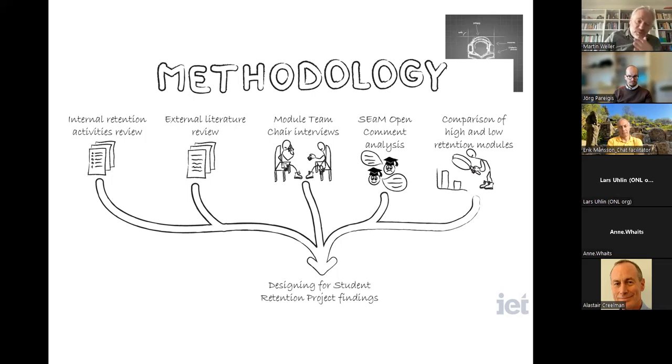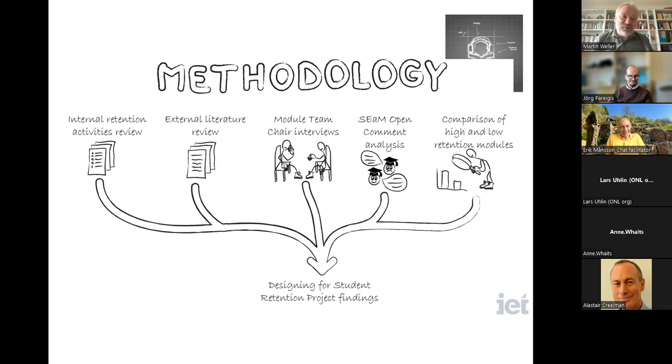So we did all these things to look at it. We did an internal review, and perhaps it's just the Open University, but I suspect it's typical of many universities. We found, I think, 42 different projects that were looking in some way at retention across the university. Of course, none of these projects were talking to each other.